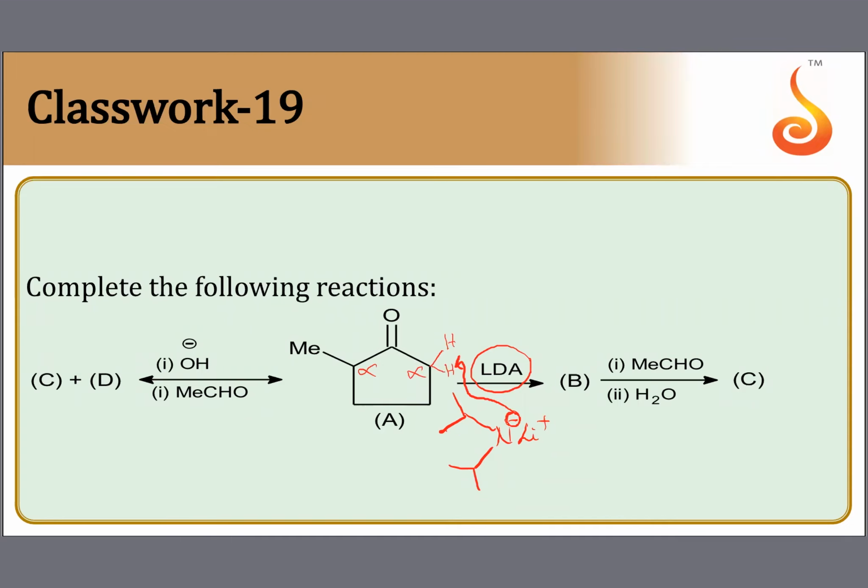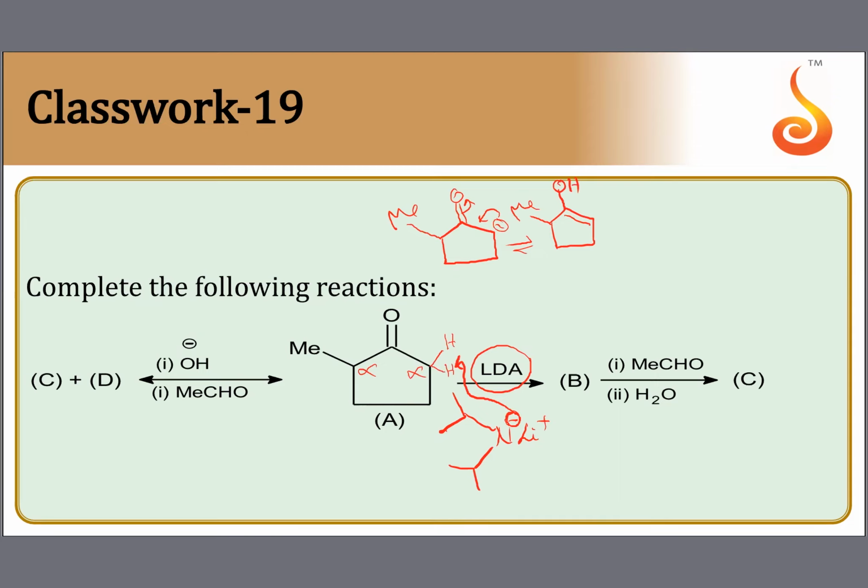So we can get a carbanion that undergoes enolization, like this. O minus is formed, that takes H plus forming enol.